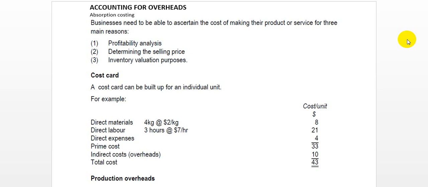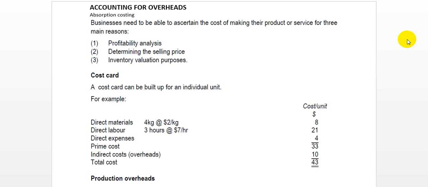If you bought the material, say for example, at $2, so we're going to record $2 per kg times the 4 kgs required. So you have $8 required to make this 1 unit of a product. Okay? So you're going to do that for every other cost that you need.